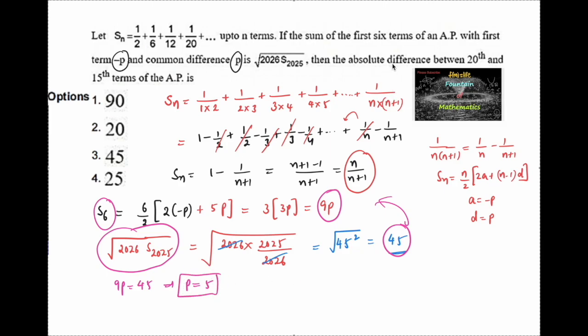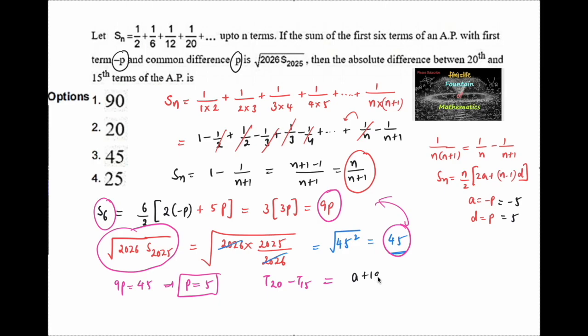Then the question is about the absolute difference between the 20th term and the 15th term. That is T20 minus T15, which is equal to a plus, so here a is equal to negative 5, that is minus 5, and common difference d is equal to plus 5.